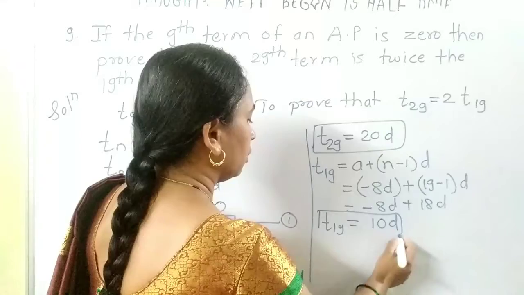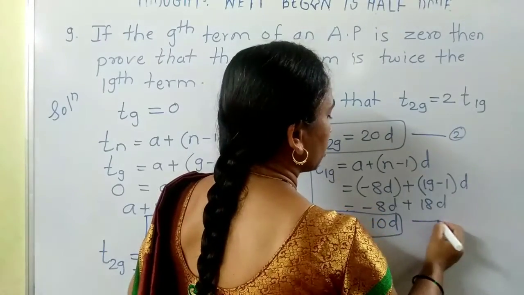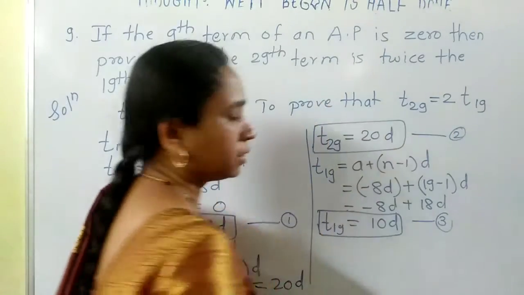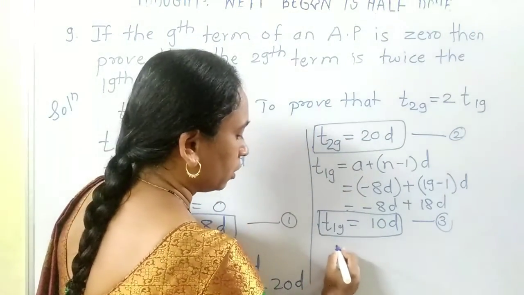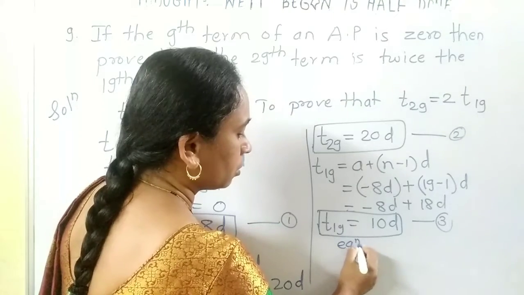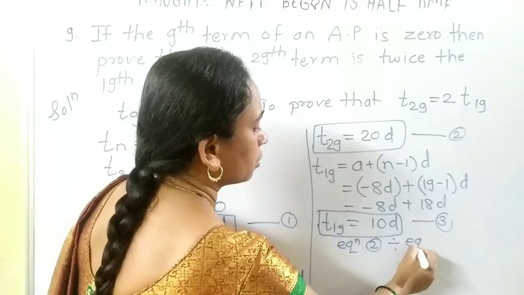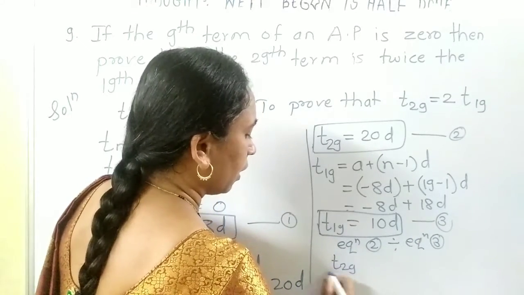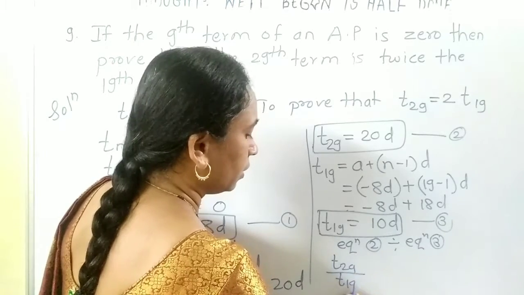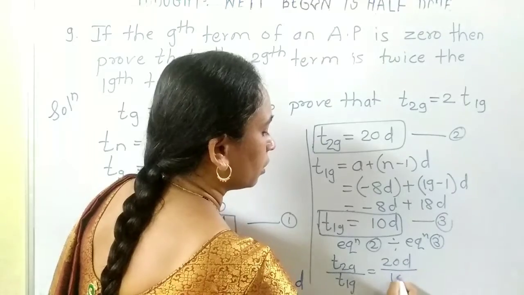Now we will check the relation. Here this is equation number 2 and this is equation number 3. To find this relation, I will divide equation 2 by equation 3. So T29 divided by T19 is equal to 20D upon 10D.